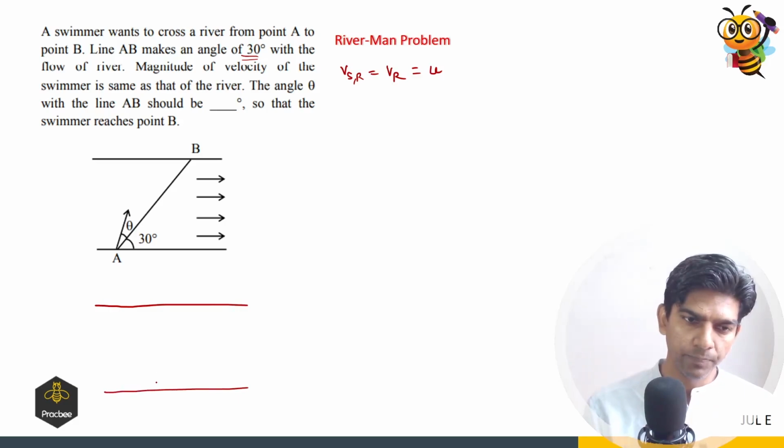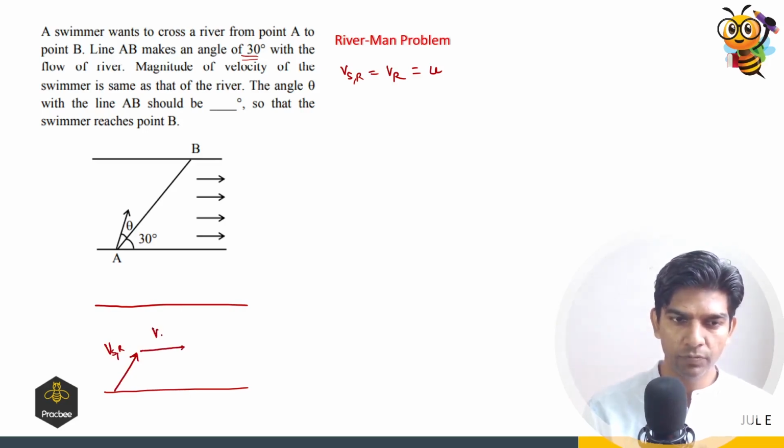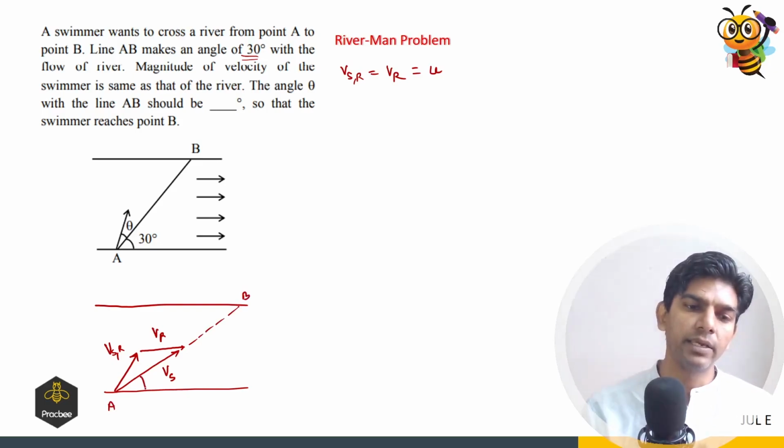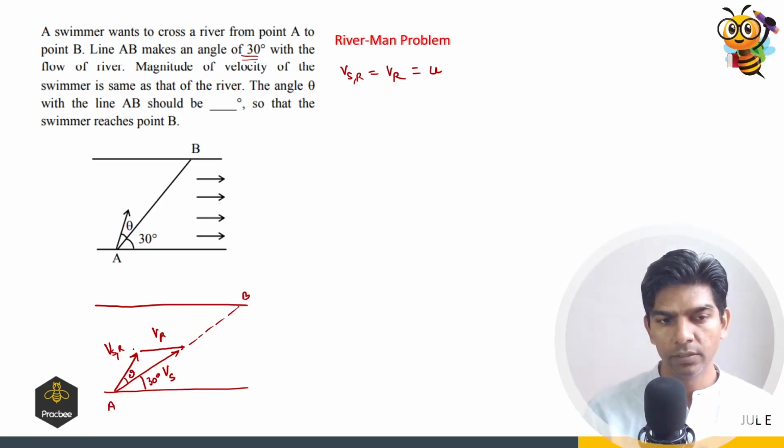These are the two banks, and let us say this is the velocity of swimmer with respect to river, and that is the velocity of river, and this is the velocity of swimmer in ground frame. So this point is A, this point is B, and this angle is given as 30 degrees, and this angle is theta, which we have to calculate.